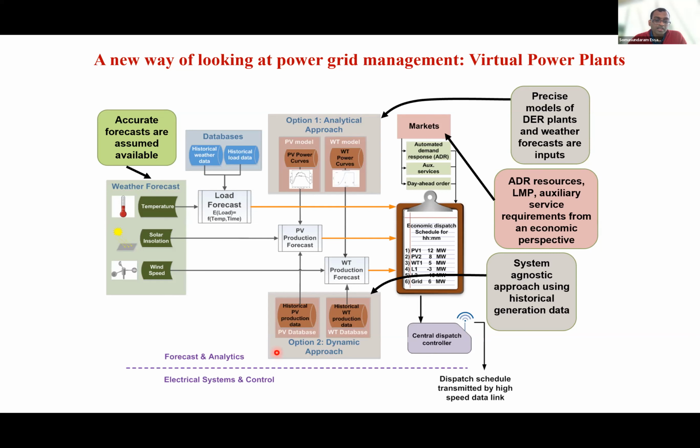One is the forecast and analytics part of a virtual power plant, where you have accurate weather forecasts. So we have temperature at a certain point of the day, solar insolation. This is a quantity that tells us how much power from the sun will be available, right? And then you have wind speed, right? So using these, one could predict the load forecast.